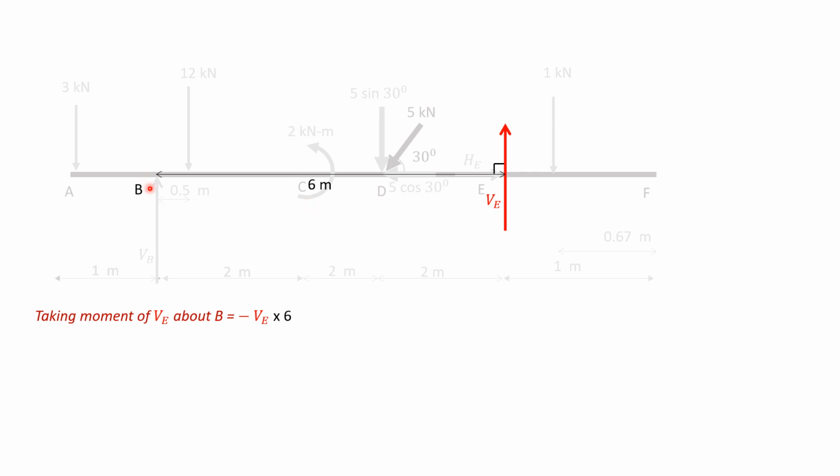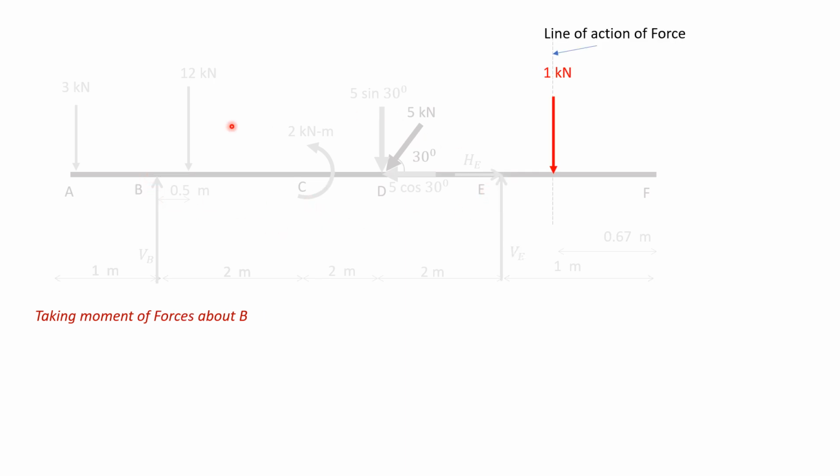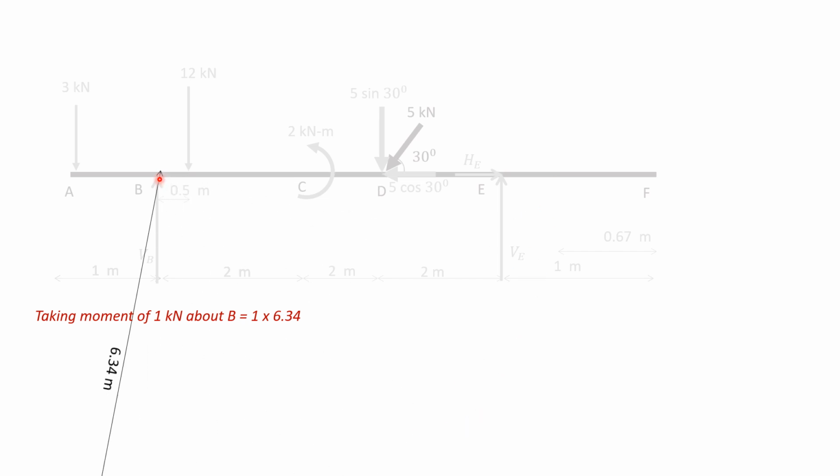Moment of this 1 kilonewton force about point B: perpendicular distance 6.34 meters, and it rotates clockwise, so magnitude of moment is 1 into 6.34, plus.